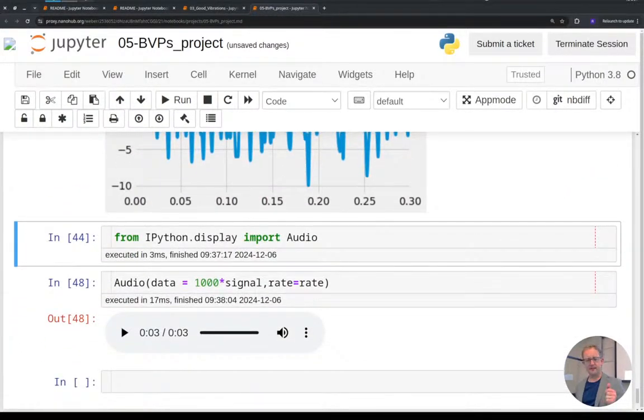Listening to data like this, your ear is actually really good at picking up on small changes. It's almost like your ear is a Fourier transform mechanism, like your inner cochlea vibrates at different frequencies.